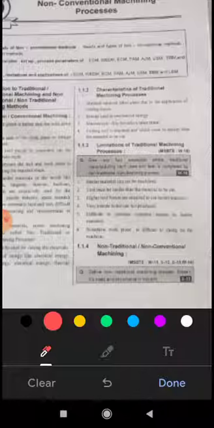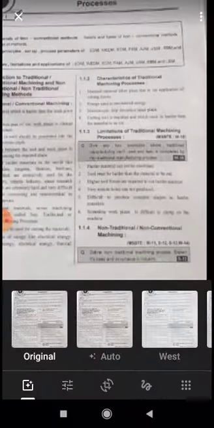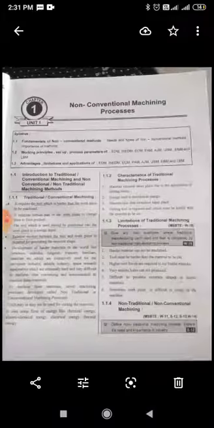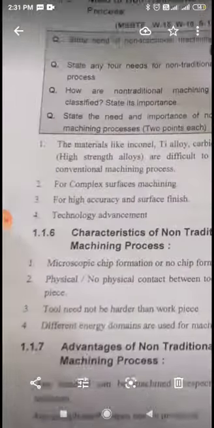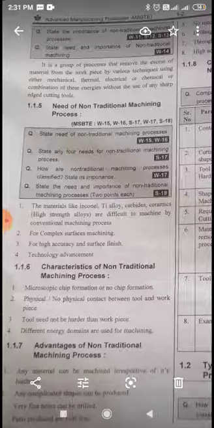Now, non-traditional machining. It is a group of processes. Non-traditional machining is what? It is a group of processes that remove the excess material from the workpiece by various techniques using mechanical, thermal, electrical or chemical energies, or a combination of these, without the use of any sharp-edge cutting tools.